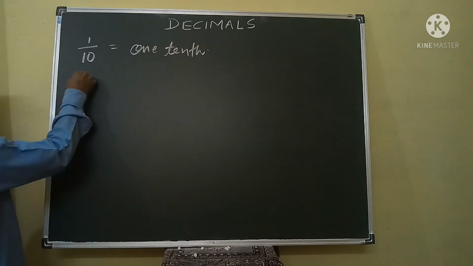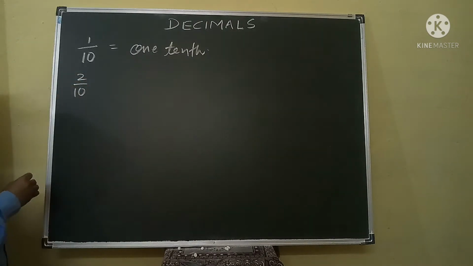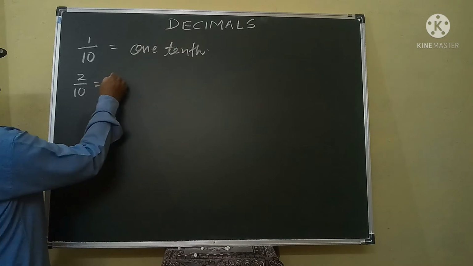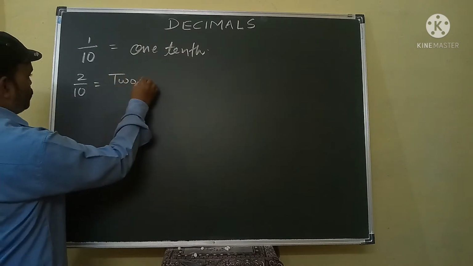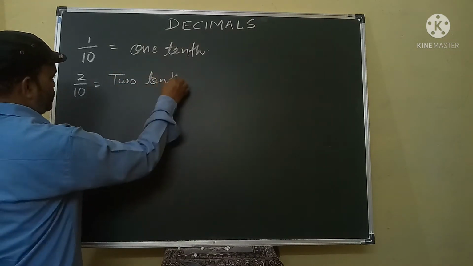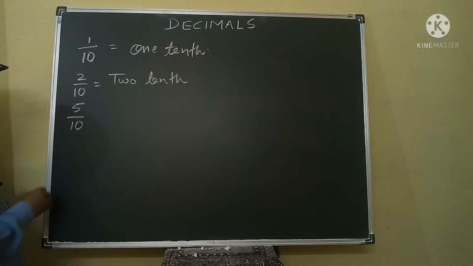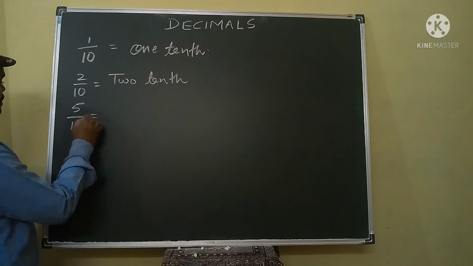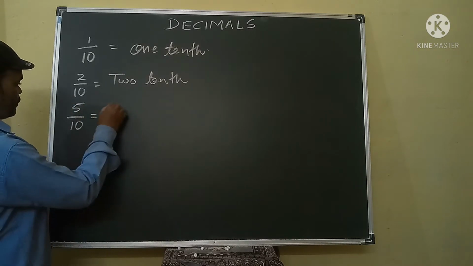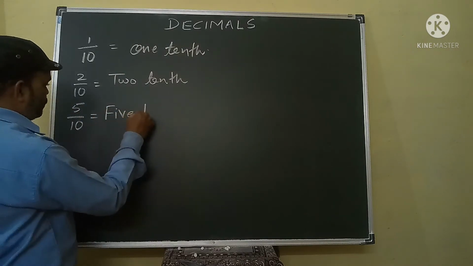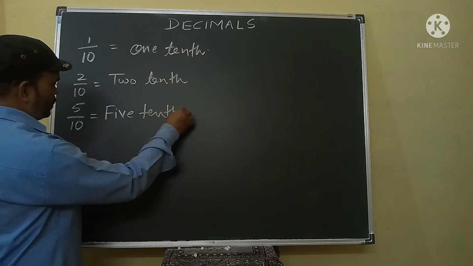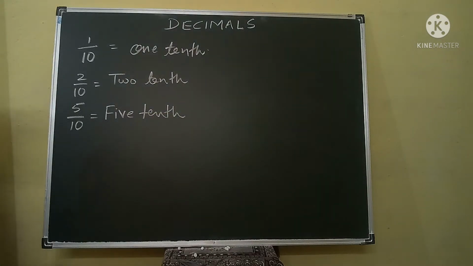Suppose this is 2 upon 10. This is 2/10. Suppose this is 5 upon 10. How can you read this decimal fraction? This is 5/10.